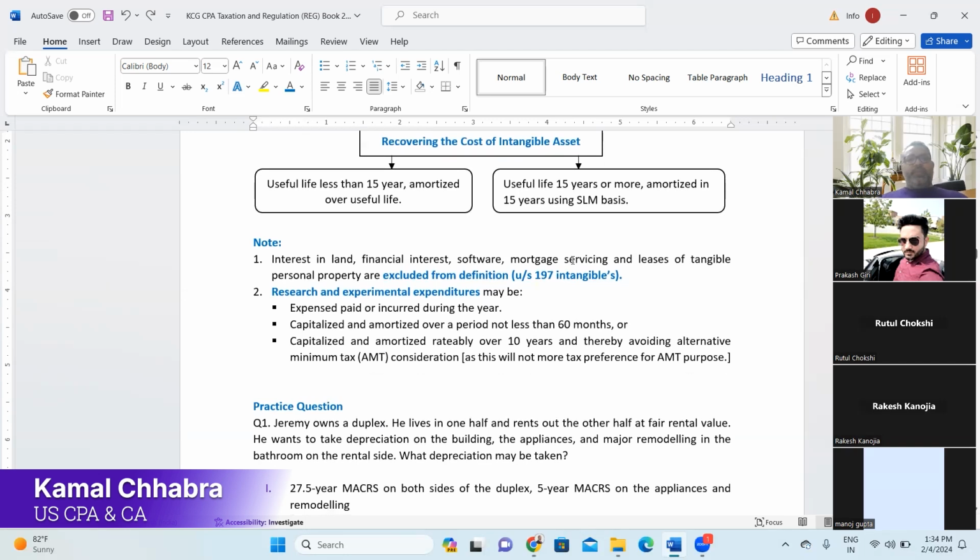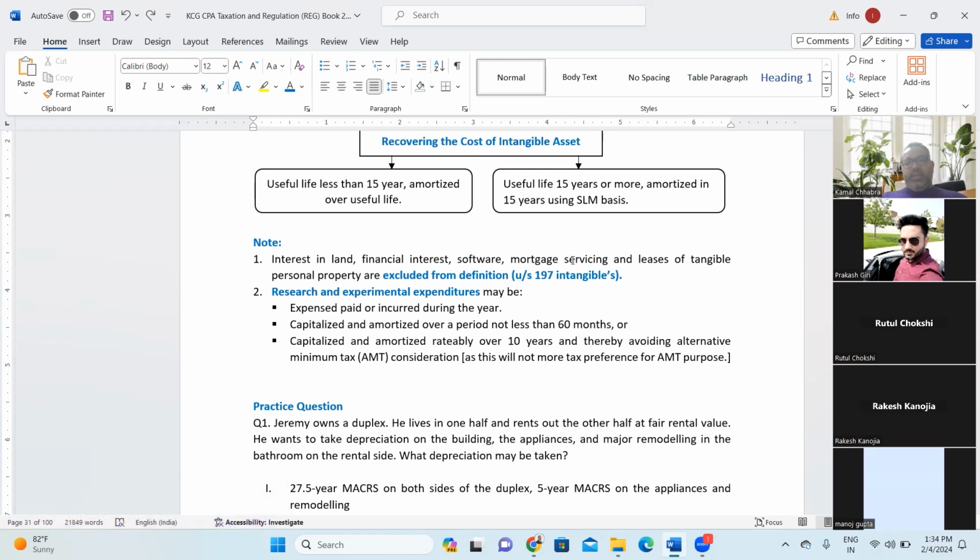Right? So interest in land, financial interest, software, mortgage services, and leases of tangible personal property are excluded from the definition of section 197 intangibles.